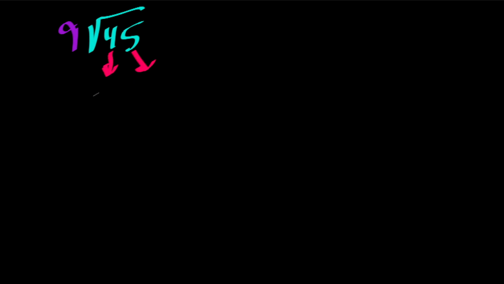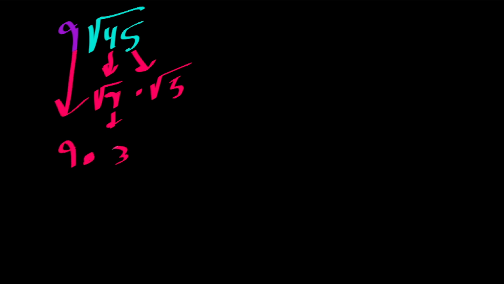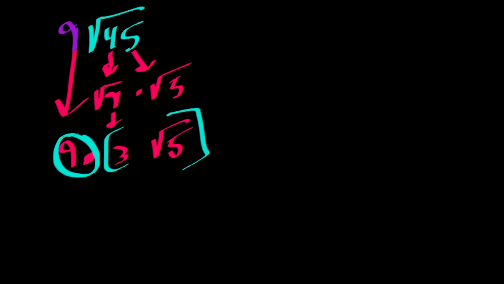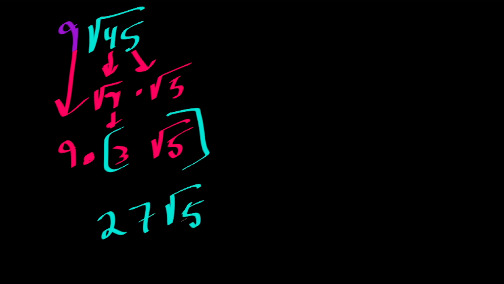When we break this radical down like we just did, and we bring this 3 to the outside, anything that's already on the outside gets multiplied by any new number that gets brought to the outside. So, in this case, we just did this problem with 3 radical 5, but now if we add in this 9 on the outside, the 9 and 3 are just going to get multiplied, and it would give me 27 radical 5.